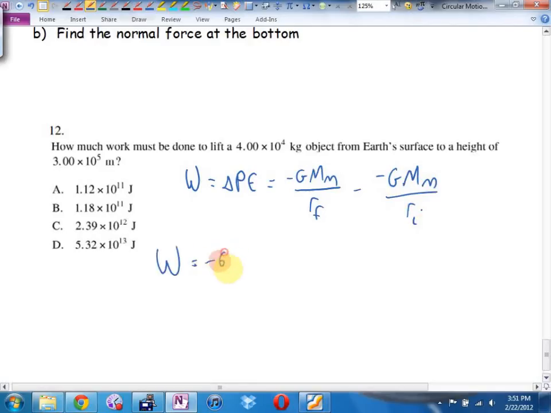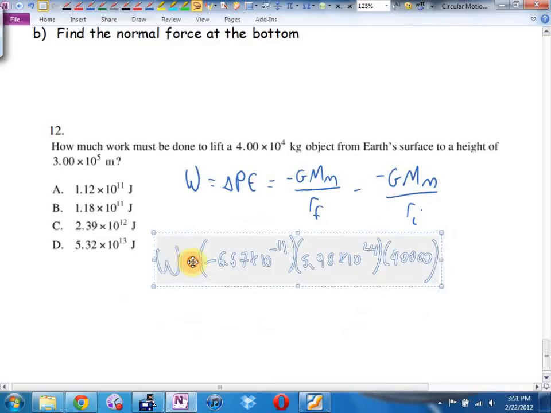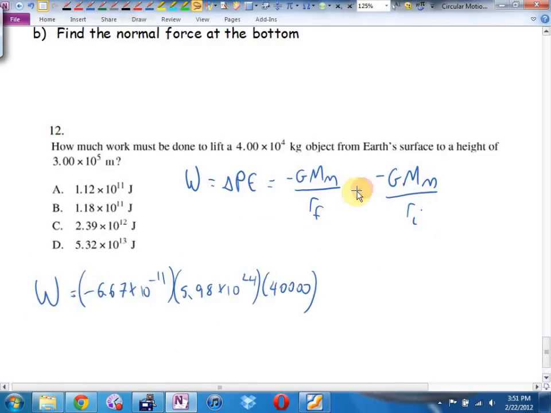Negative 6.67 times 10 to the negative 11. We're on the Earth, 5.98 times 10 to the 24th. 40,000 kilogram satellite. That's a big satellite. Also, I can tell I'm going to run out of room. What's a minus minus the same as?